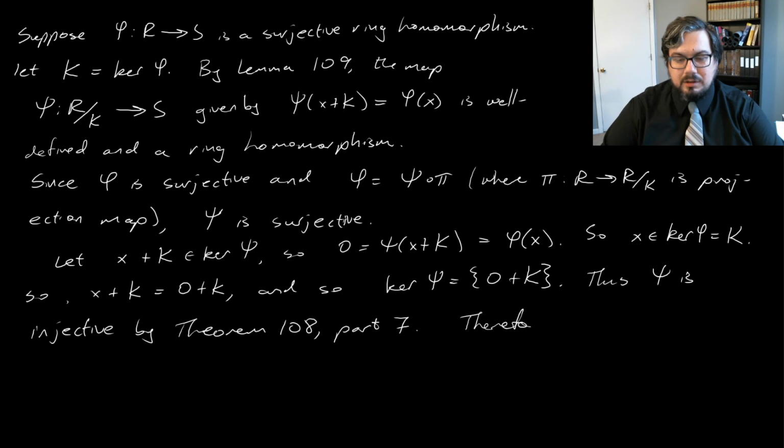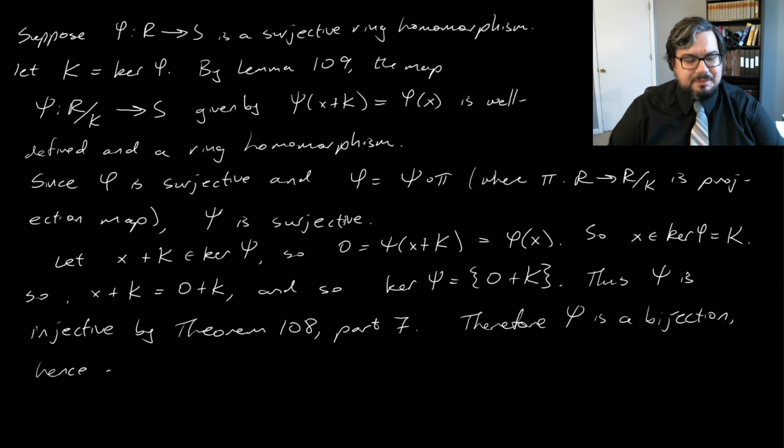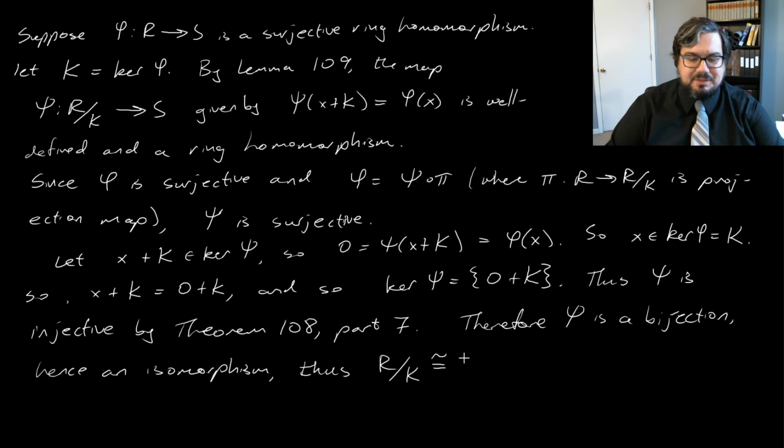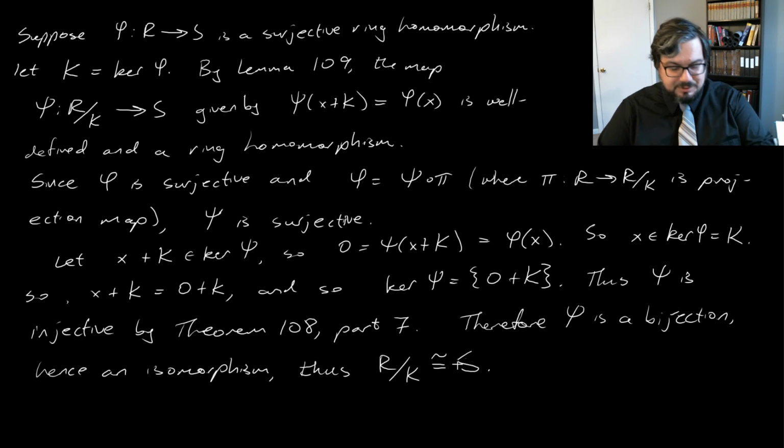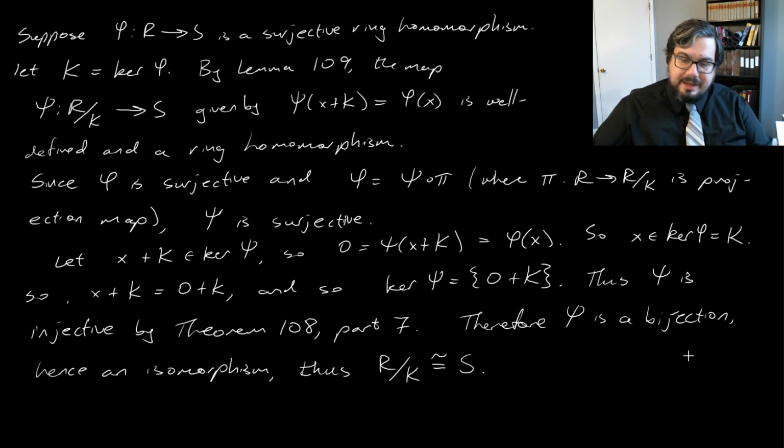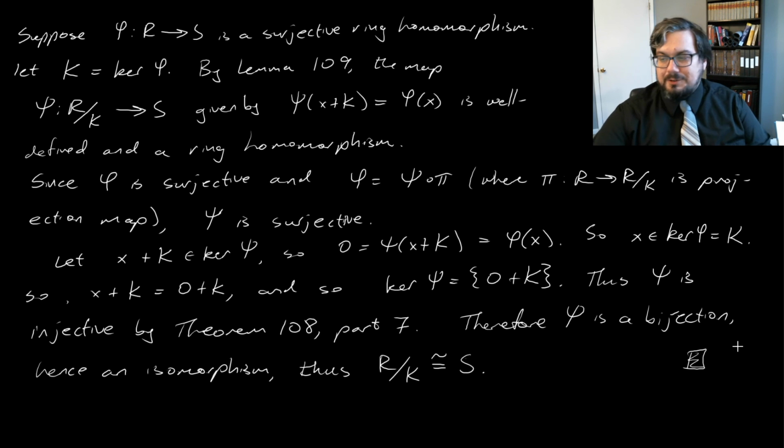Therefore, psi is a bijection, hence an isomorphism. And thus R mod K is isomorphic to S, which is what we wanted to prove. And that finishes the first isomorphism theorem.